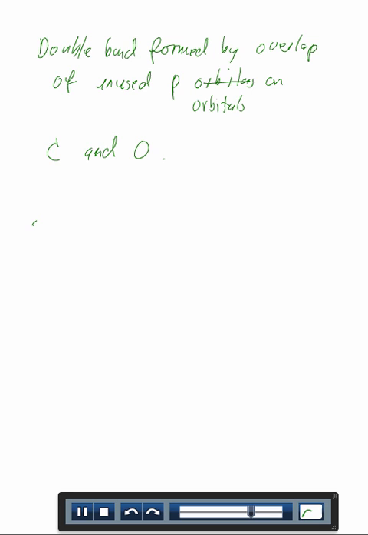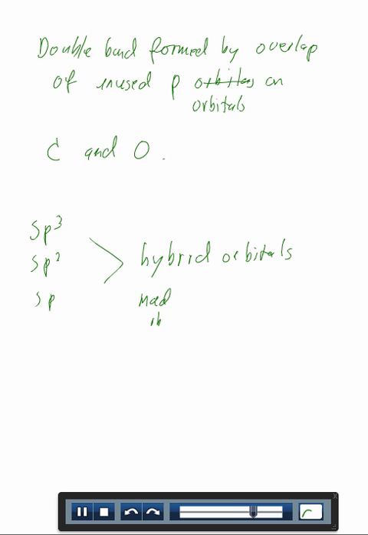These orbitals, the sp3, sp2, and sp orbitals, are called hybrid orbitals because they are made from the atomic orbitals. So they're hybrids.